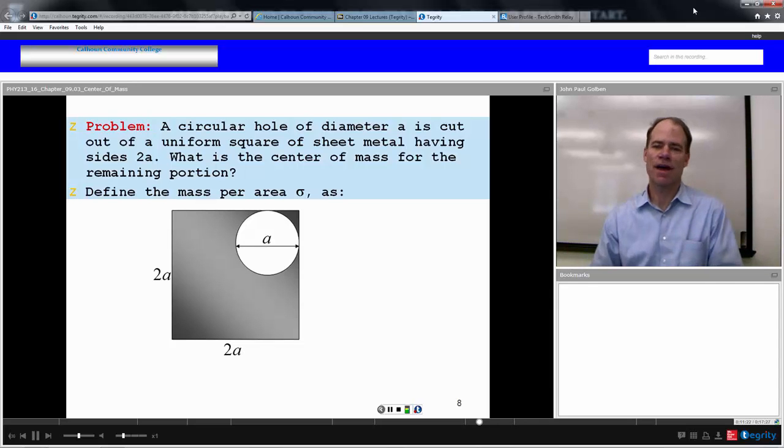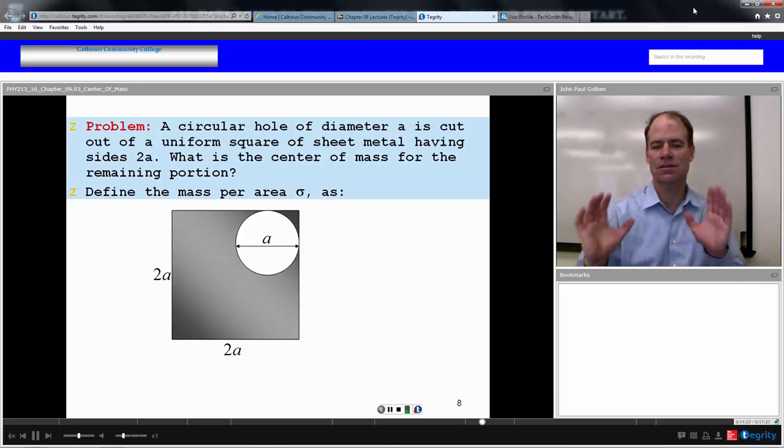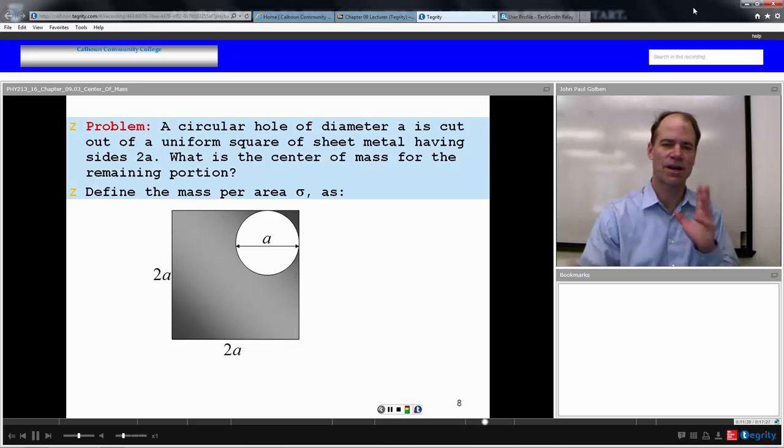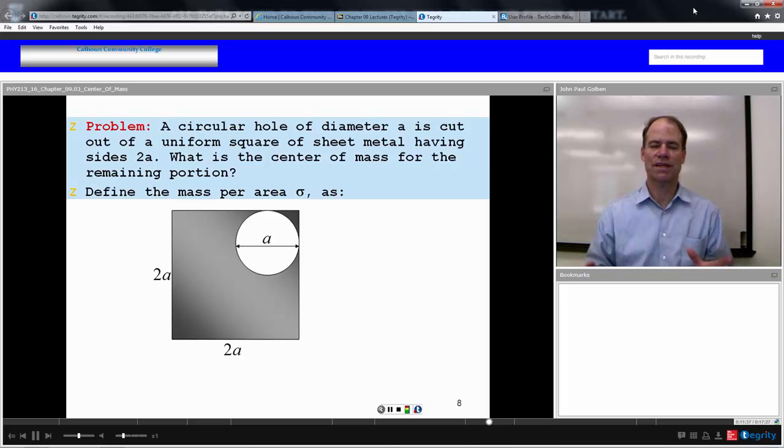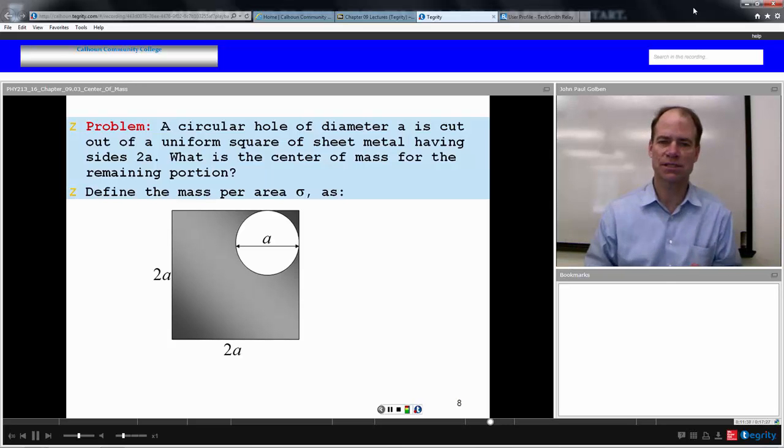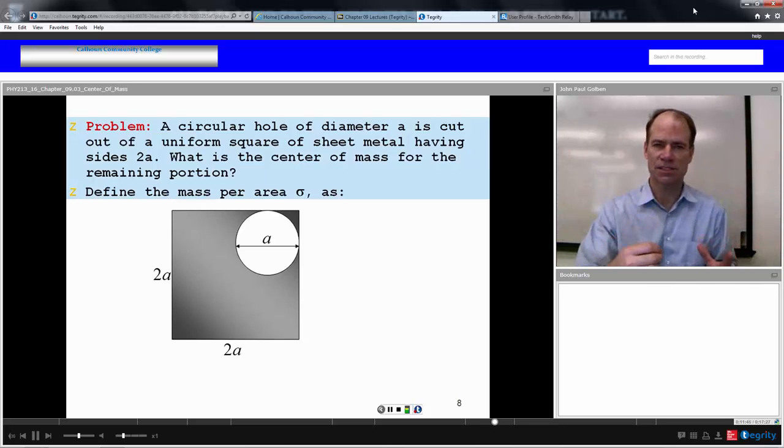Well, we're going to define the mass per area as being sigma, and to deal with this problem, we're going to make it simpler rather than try to integrate over this hole, which might be very, very difficult. We're going to treat this as two objects. We're going to have a full square of sheet metal whose center of mass should be right in the center of that square.